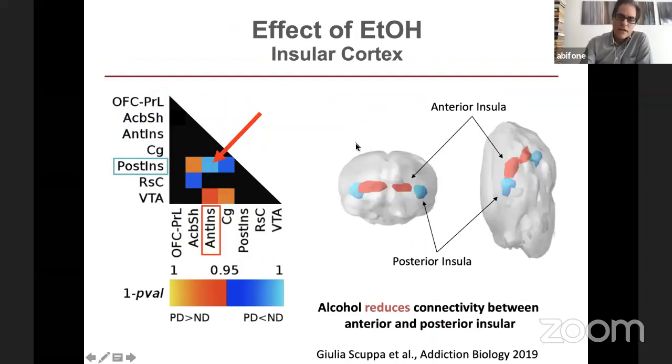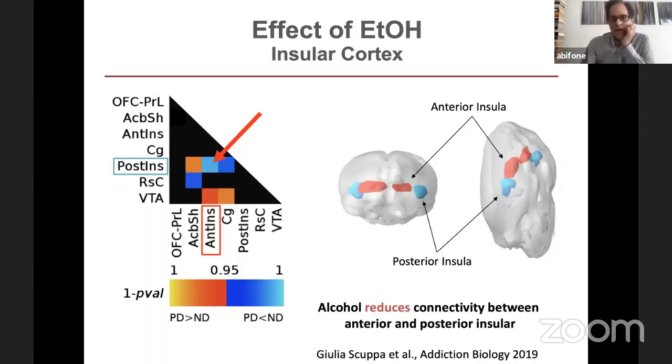Again, functional MRI studies in these animals, mutatis mutandis, of course, given the different scale of the brains we are looking at, show exactly the same effect, with a strong reduction in connectivity between the anterior and the posterior insula, the separation of the anterior insula, and the reduction in its centrality.